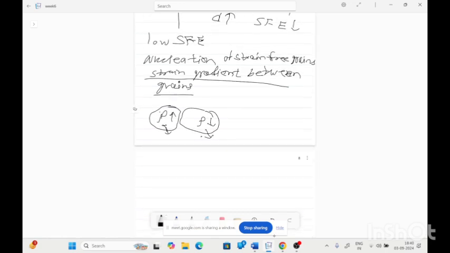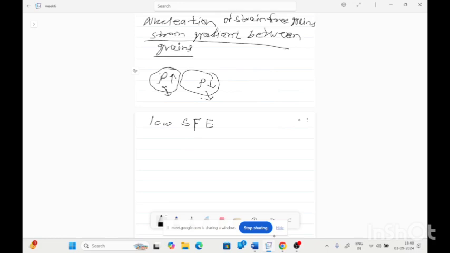One more thing is that in low stacking fault energy materials, the dislocations cannot cross-slip easily, and accumulation of dislocations happens at the grain boundaries.